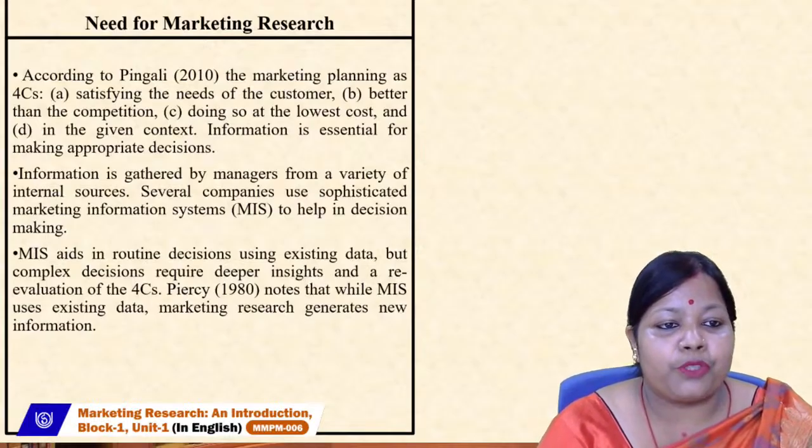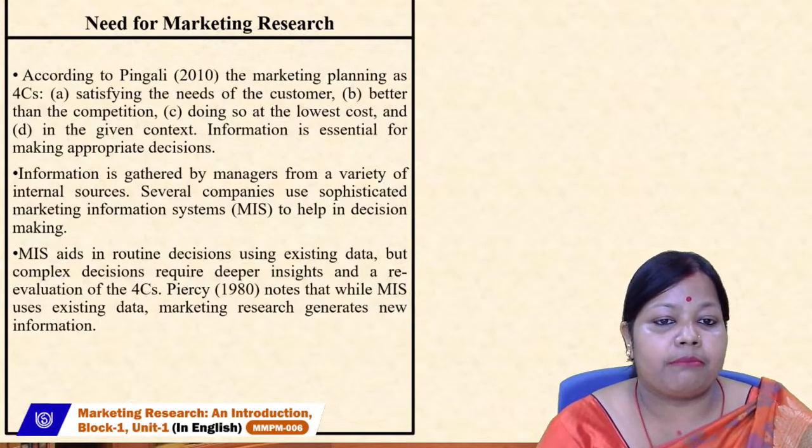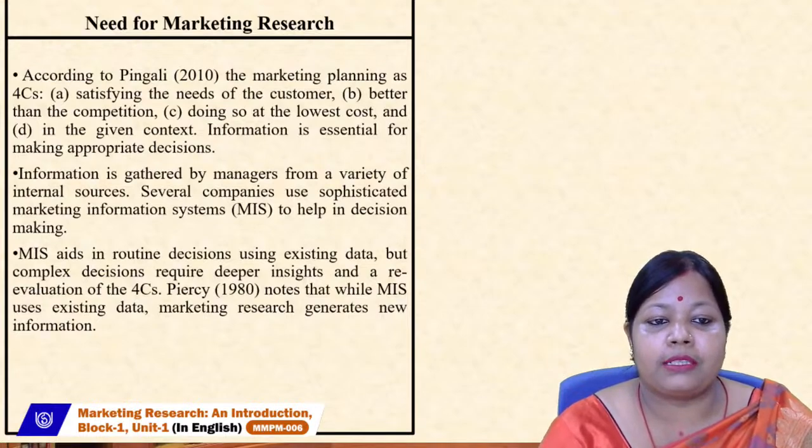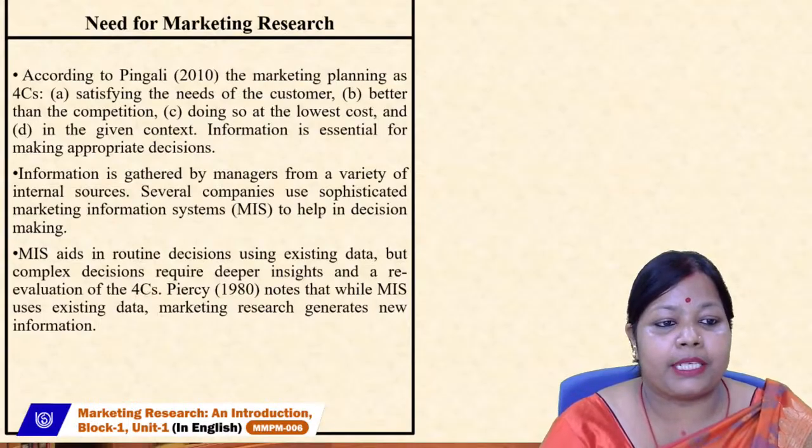Information is most important for the marketers and the decision makers, and it is gathered by managers from a variety of internal sources. Several companies use a sophisticated marketing information system, popularly known as MIS, to help in decision making.